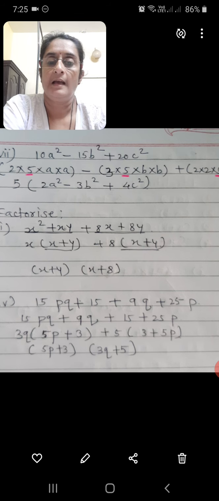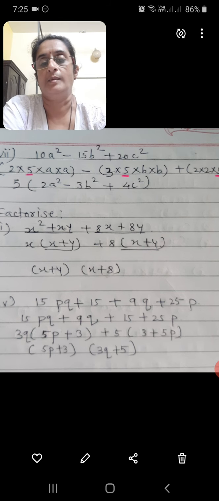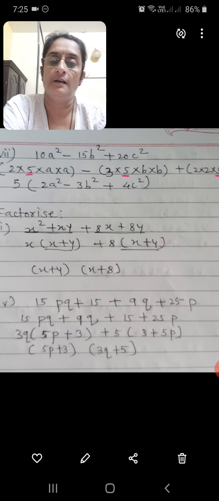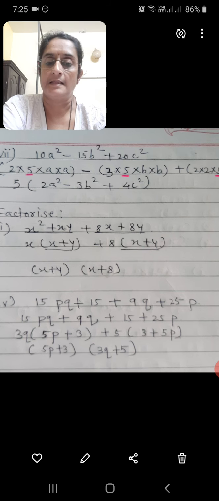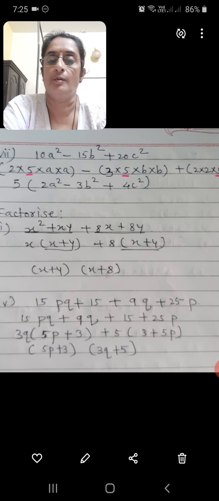So what I did was change the sequence of the terms. After 15pq, I have taken 9q, and then 15 is the third term now, and 25p as it is. Okay. In the second step, I only exchanged the sequence of the terms.